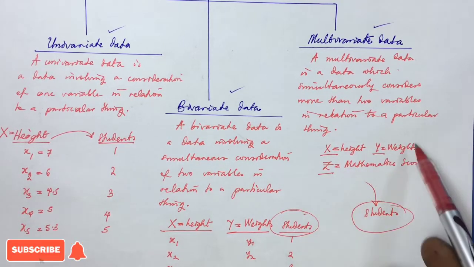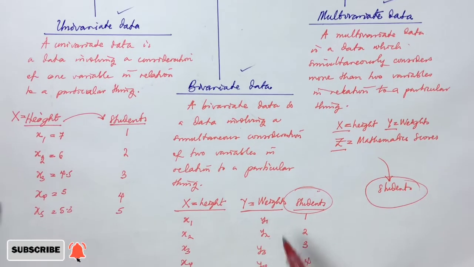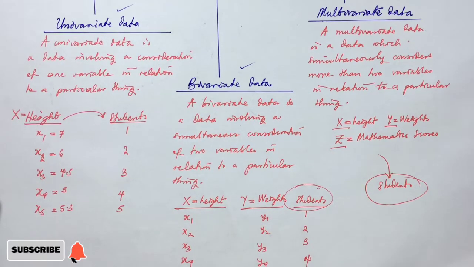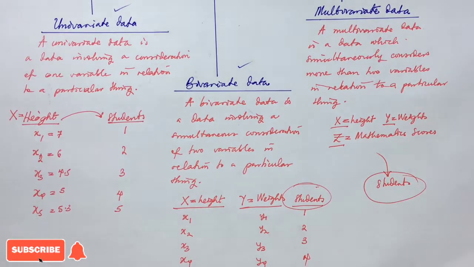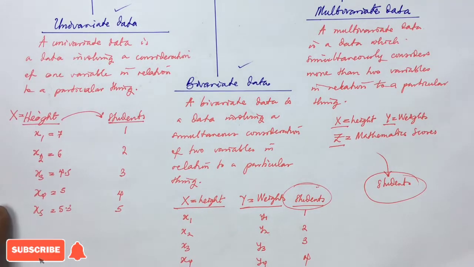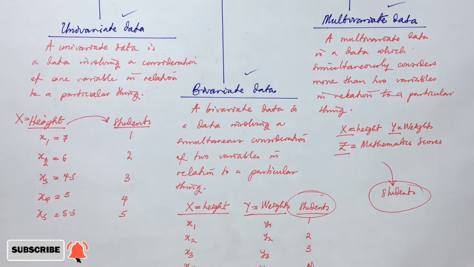When you take more than two in relation to students, it becomes a multivariate data. But when you take two in particular, it is a bivariate data. If you take one, just height in relation to students, it is a univariate data. That being said, let us now go to the next discussion.